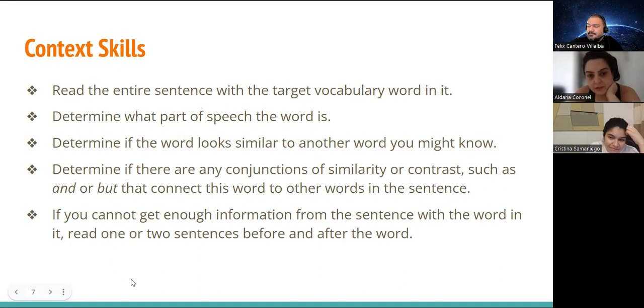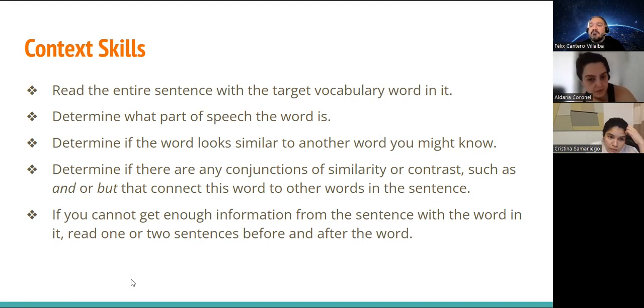Read the entire sentence with the target vocabulary word in it. Determine what part of speech the word is. Determine if the word looks similar to another word you might know.